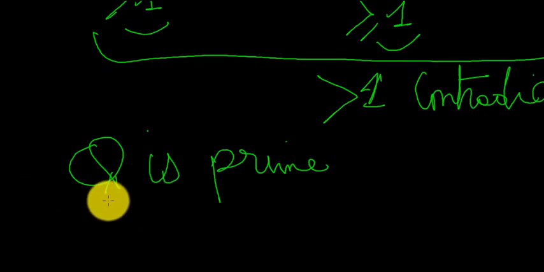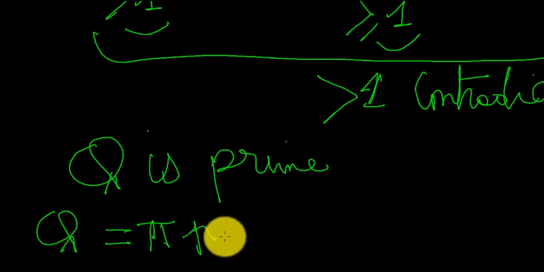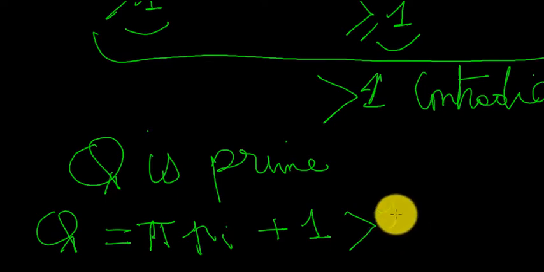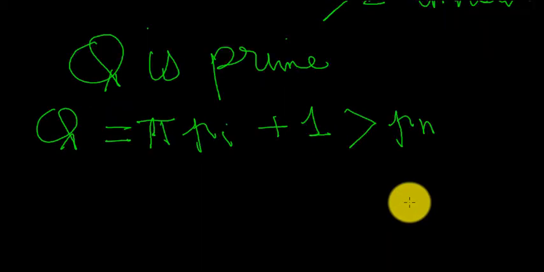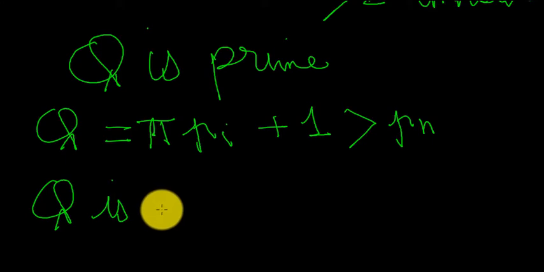So capital Q is prime, and we already know that capital Q is equal to the product of all the primes plus 1, which is already strictly bigger than the biggest prime, which is Qn. So Q is a prime and is bigger than the biggest prime that we already assumed. So Q is a bigger prime.